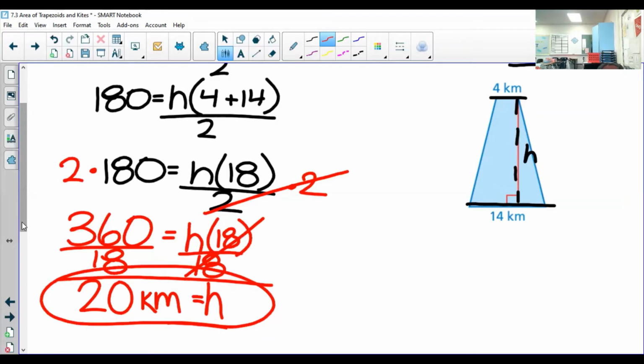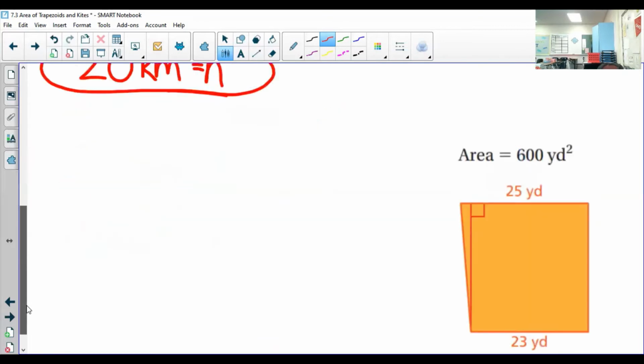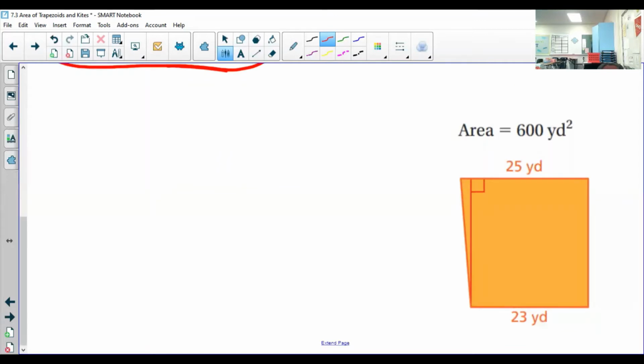Okay. Let's do another one. Area equals my height times B1 plus B2 divided by 2. Okay. Height times B1 plus B2. Plug in your numbers. Okay, my area is 600.